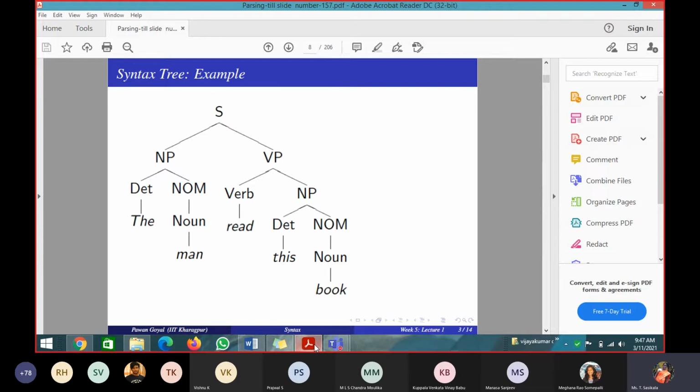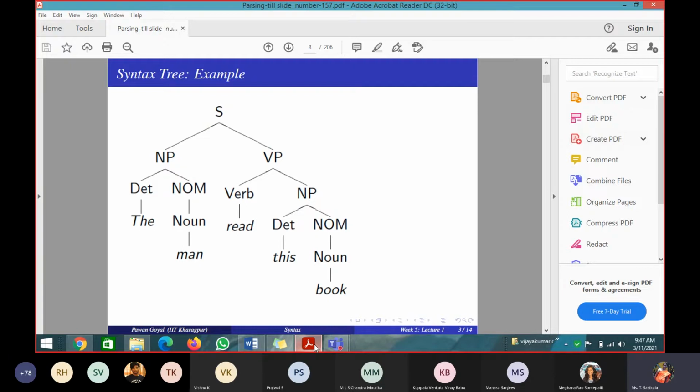Finally, you will be drawing a syntax tree for the words present in a sentence. If you can end up with a proper tree like this, then the sentence is grammatical, is correct. If you can't end up with a proper tree like this, then the sentence you have given is not grammatical. So some ordering has to be done to make a sentence grammatical.